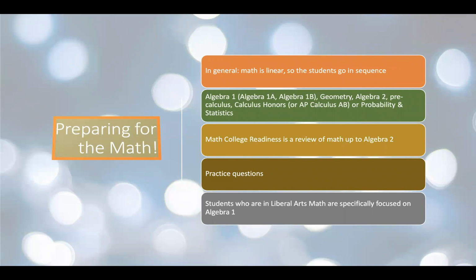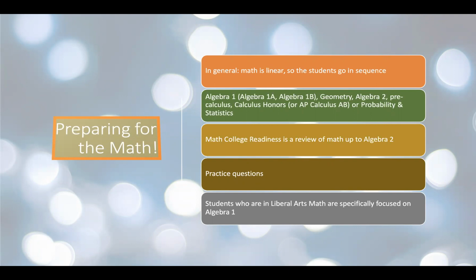Math for College Readiness is our senior level math class. Again, that's Algebra 1 all the way up to Algebra 2. So a lot of the kids that are in that class just want to prepare for their SATs, ACTs. That is that whole year-long course of everything that they've done.